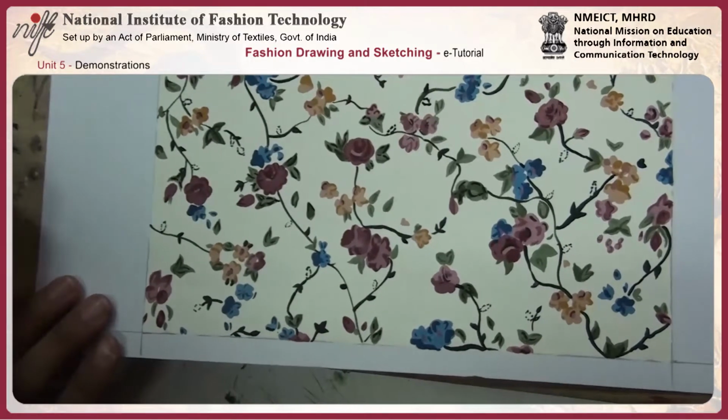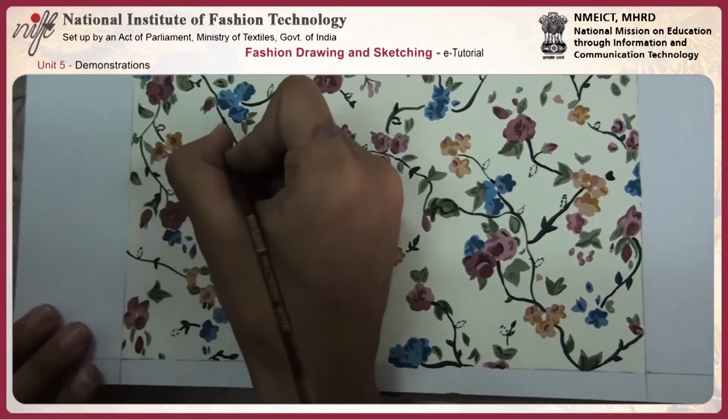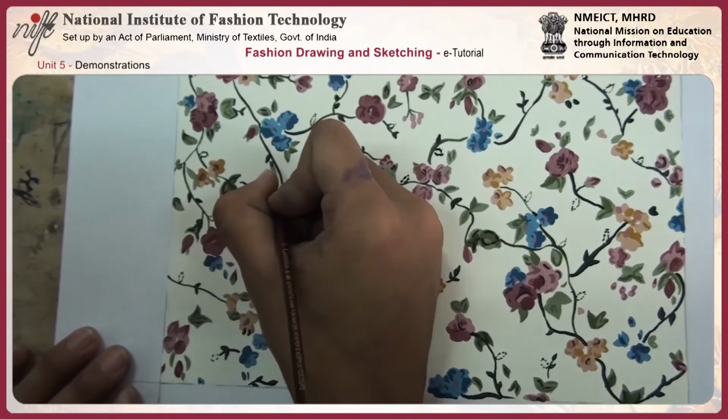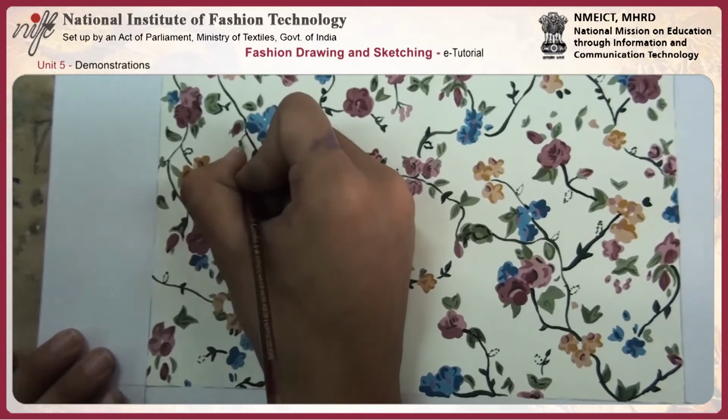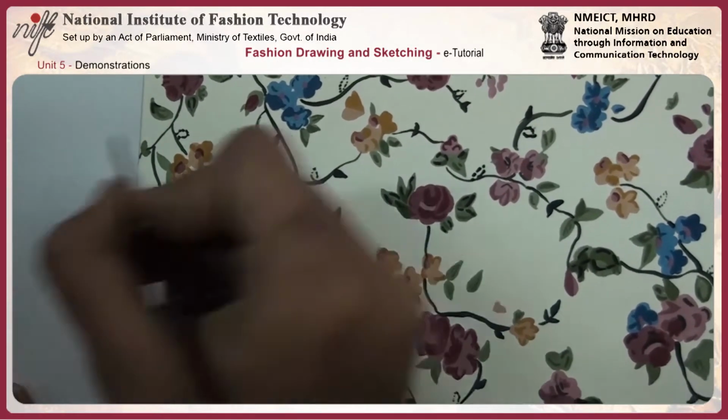The number of colors is very limited. So the illustrator has to use only, for example, 5 or 6 colors in total to create this kind of rendering.